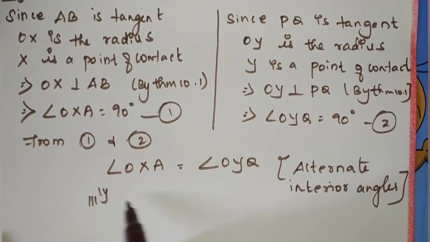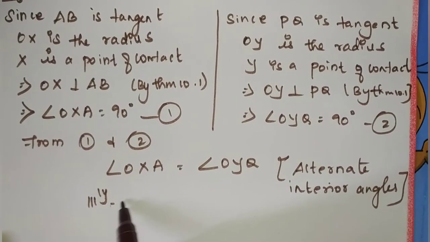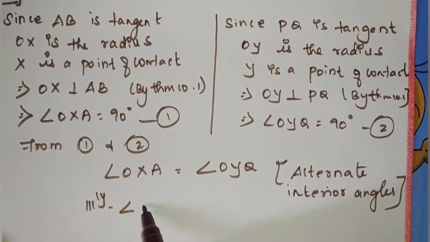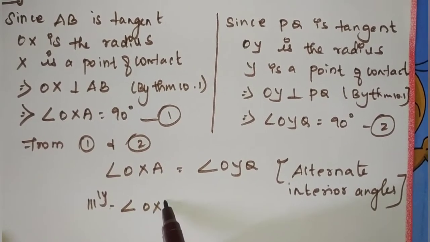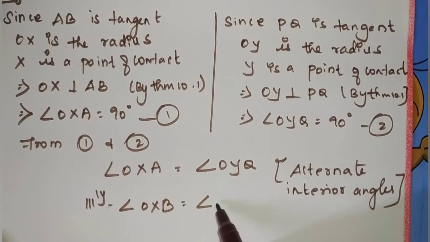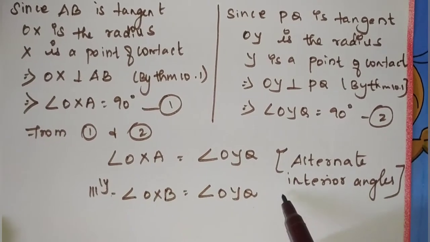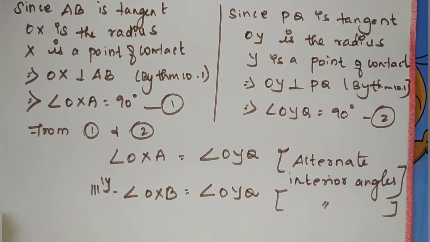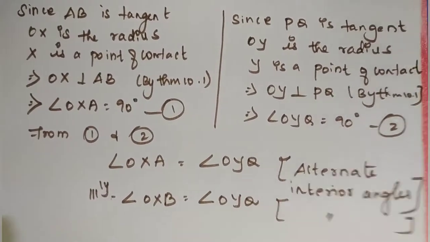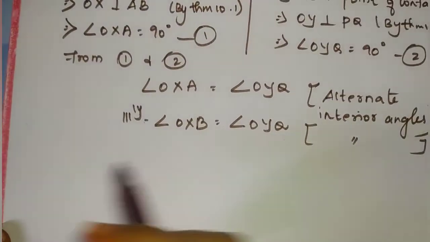Similarly, we can tell also that angle OXB and OYQ are both equal by alternate interior angles. Clear?